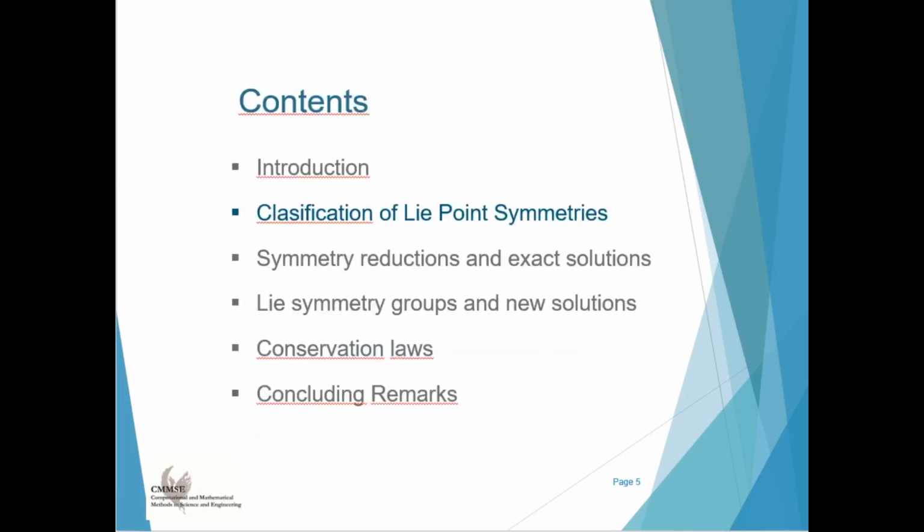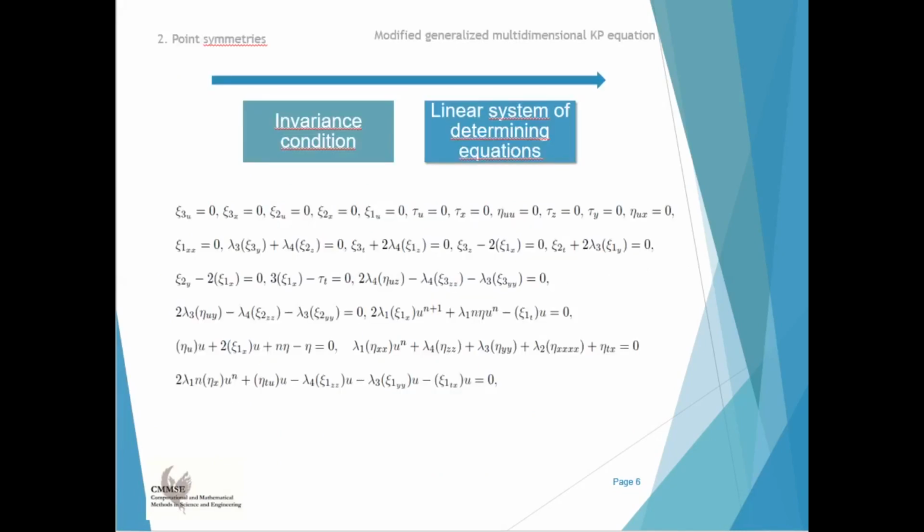The following section is the classification of point symmetries. The invariance condition gives us a linear system of determining equations in the infinitesimals eta, C1, C2, C3, and tau. By simplifying the system of determining equations, we obtain the following equations, and then we solve them.